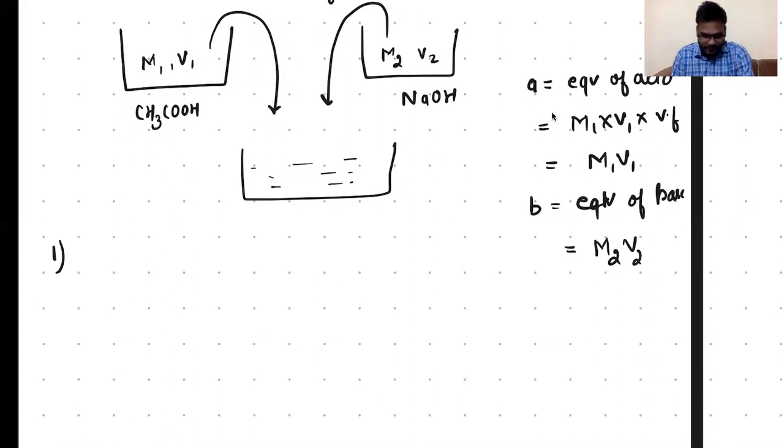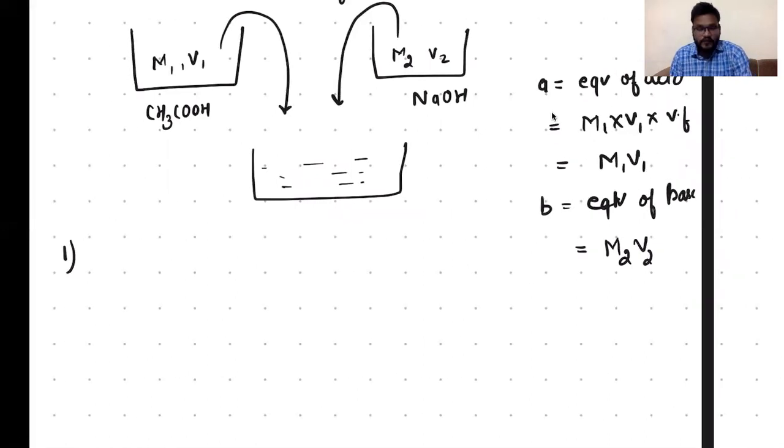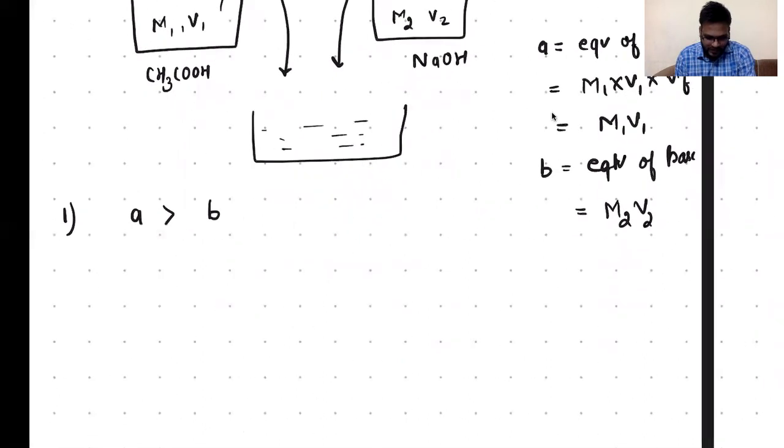So A and B, sorry, volume is given in milliliters. So the equivalents will come in milliequivalents, A will be in milliequivalents, and B will also be in milliequivalents. Let's assume in the first case that A is more than B. It means the milliequivalents of acid are greater than the equivalents of base.